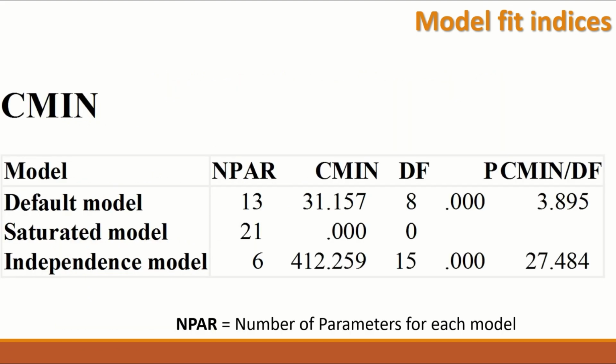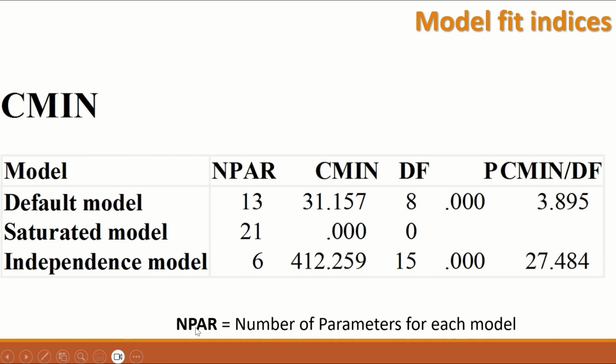So here this is an indication that the model does not best fit the data. As shown in the next slide, the default model's CMIN is 31.5 and DF is 8 degrees of freedom. When this value is divided by 8, it generates 3.8. So this is an okay-ish value, but the p-value here is significant.